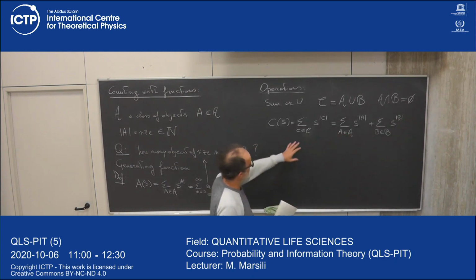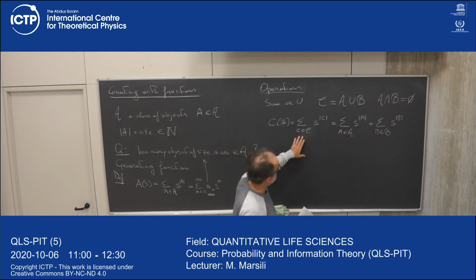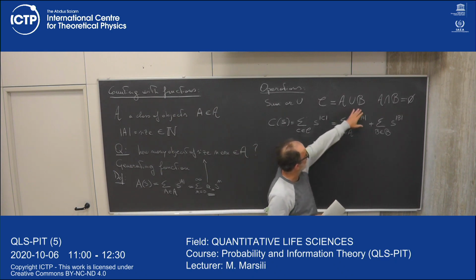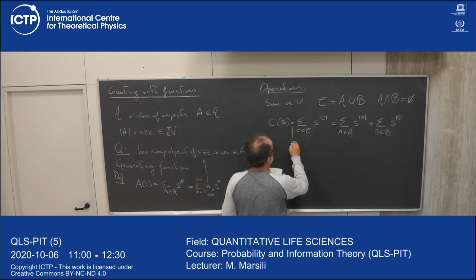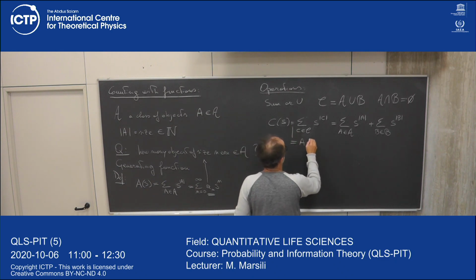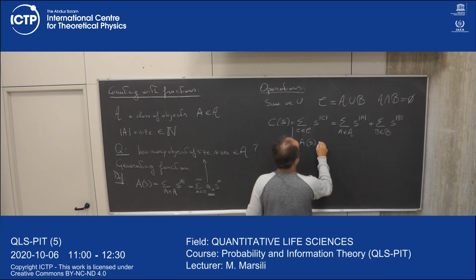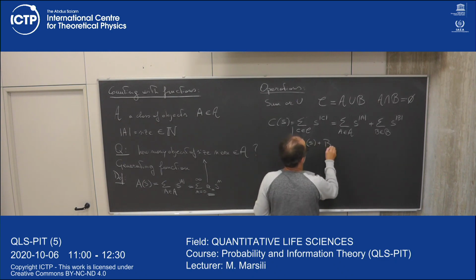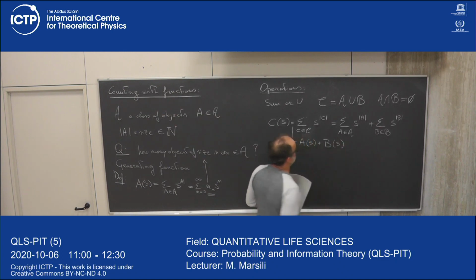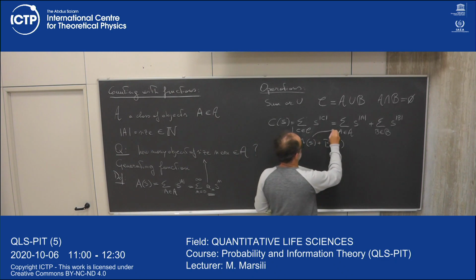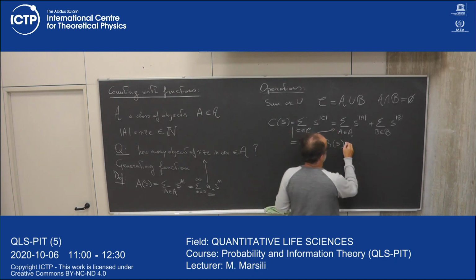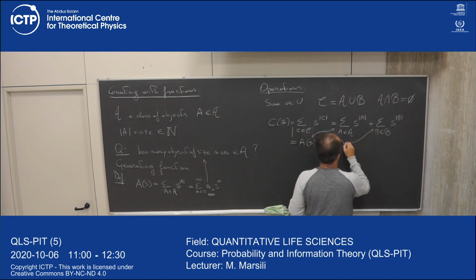Because this sum runs over all objects either in A or in B, the generating function of a union of sets is just the sum of the generating functions.